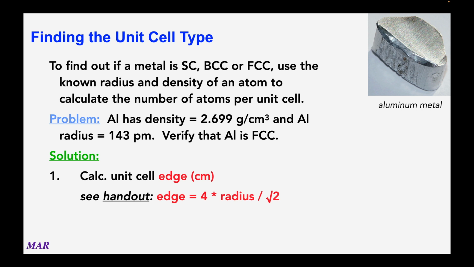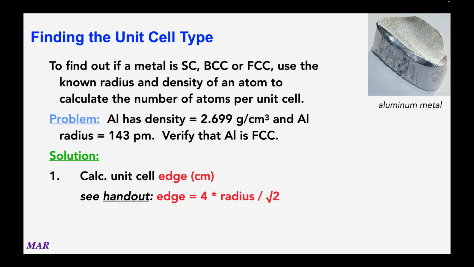All right. Now, at first, this might seem like a daunting problem, but it basically comes down to unit analysis, and we'll talk about some strategies to solve these in the solid lab. But if you look back at the face-centered cubic system, there are 2 important aspects of FCC, and the one we're going to start with here is edge equals 4 times the radius divided by the square root of 2.